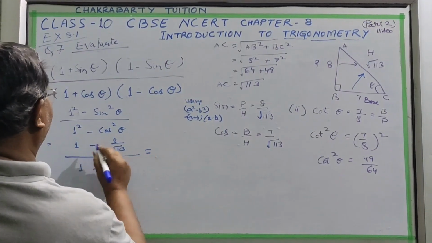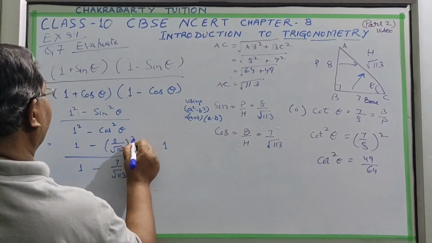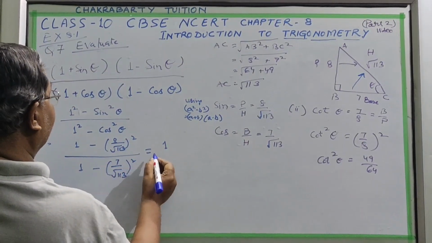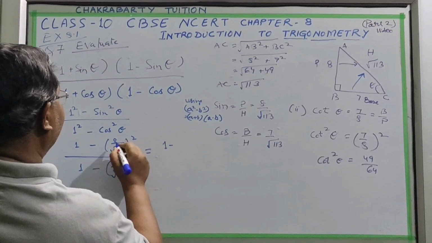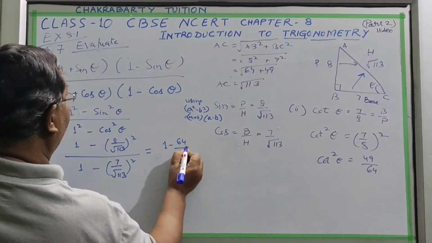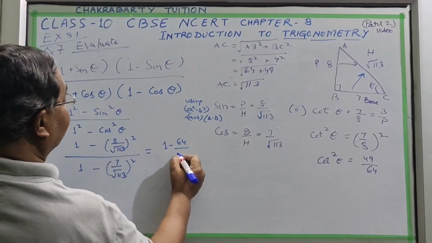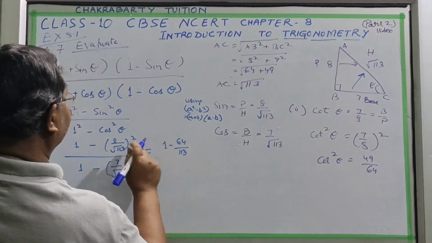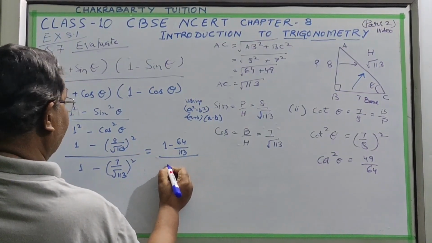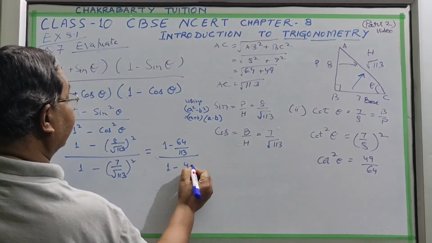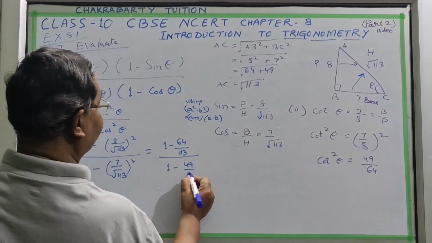So what will happen? 1 and its square minus, it will become minus 64 upon, now this root will go out and it will become 113, because we are making square of 113, upon 1 minus 49. Here also the root will go out and it will become 113.